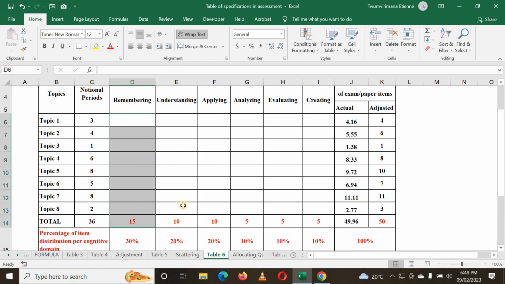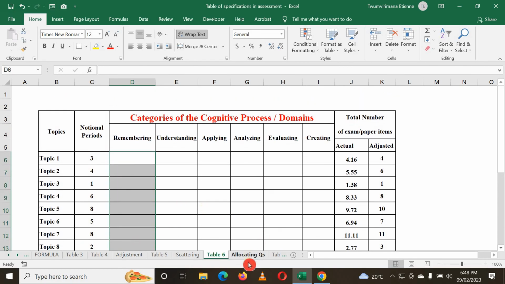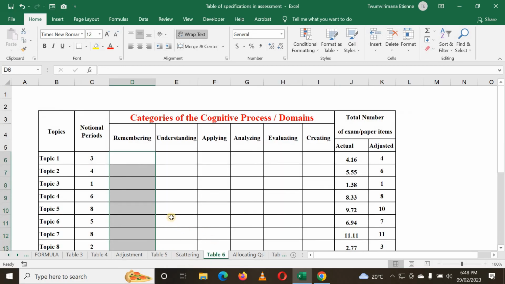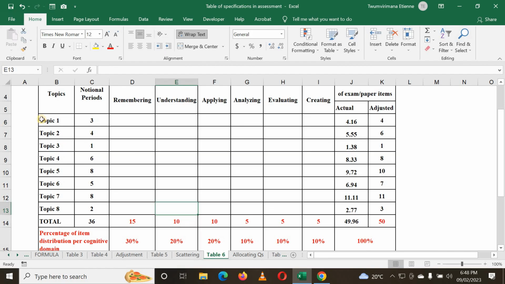This is how we deal with a table of specification. Now let me show you how to do this. It is suggested that the order of complexity goes from creating to remembering. You don't have to put equations if you have a table like this one. Here you see, how many questions do I have here?